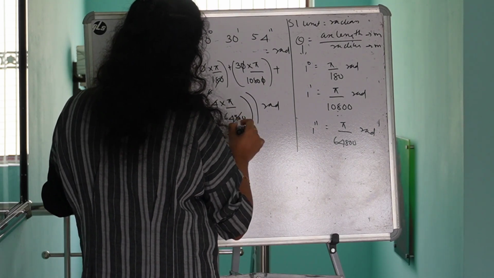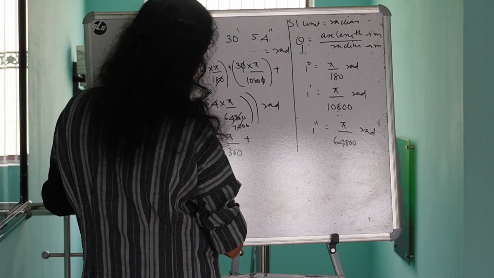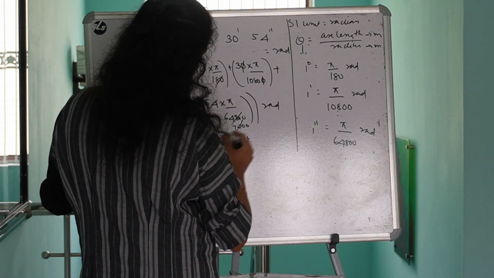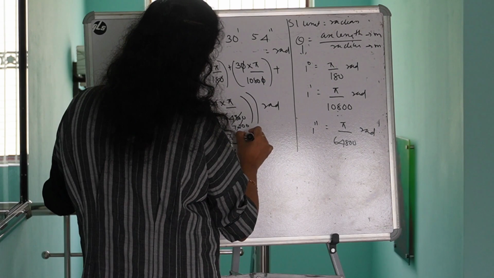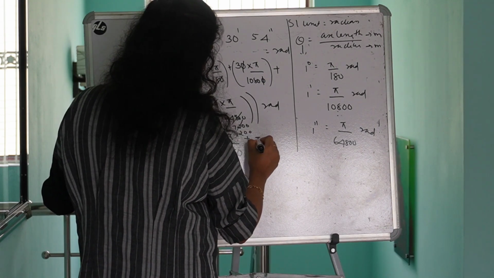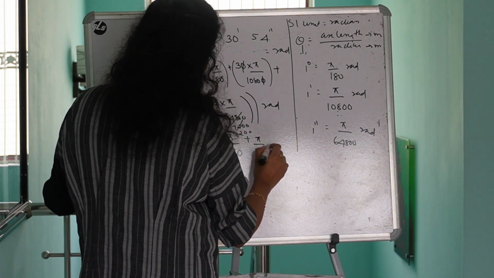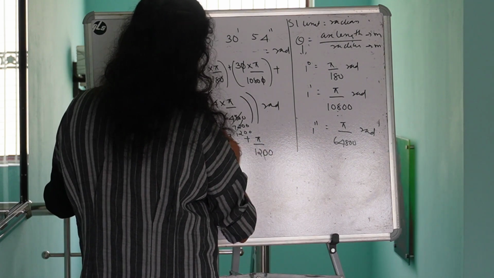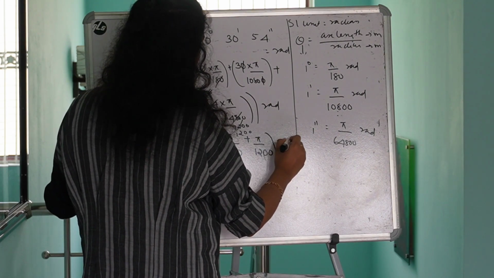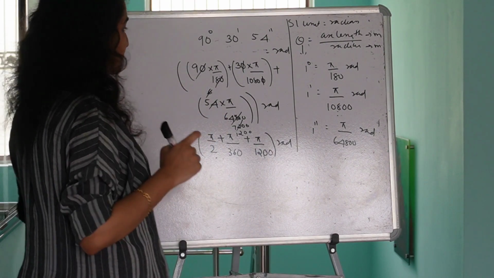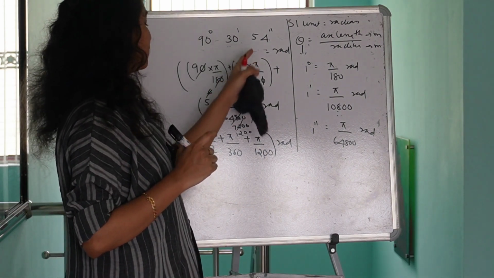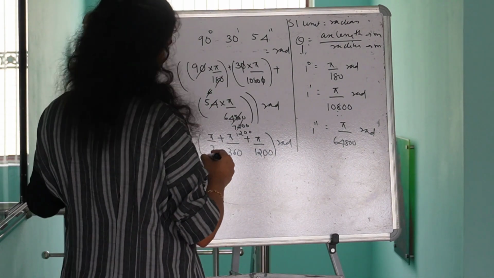Again if I divide it by 6, I will get 1200. So pi divided by 1200. If I add all these values, I will get the angular measurement in radian.